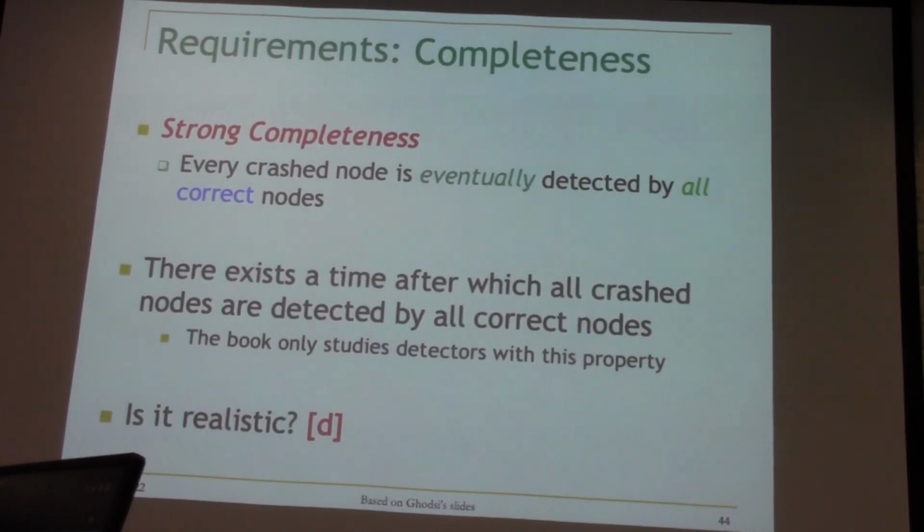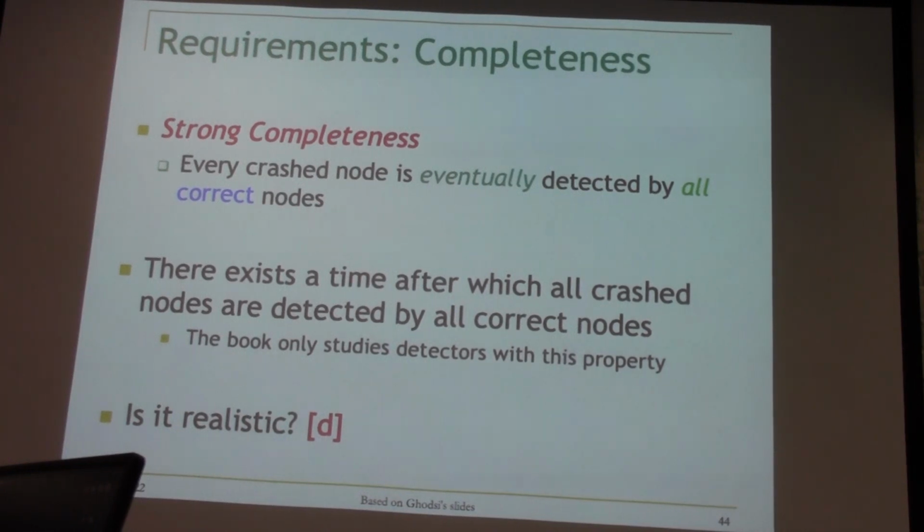Remember, I showed you all these failure detectors. There was P and S, and eventually P, and eventually S, and Q and W, eventually Q, and eventually W. That's a lot, and I don't want you to memorize all those, but it's nice as an exercise to think a little bit.